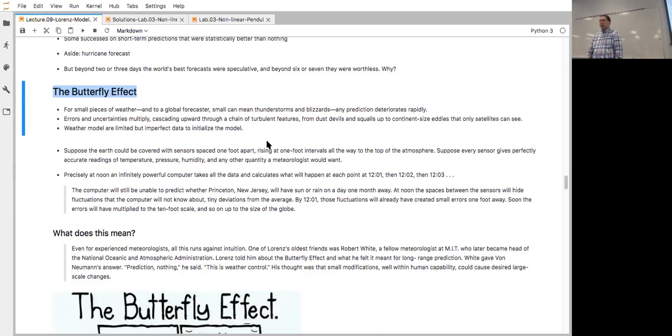Lorenz told him about the butterfly effect and what he felt it meant for long-range prediction. White, his friend, gave von Neumann's answer. Prediction? Nah, this is weather control. This is what we're going to do with this. His thought was that small modifications, well within the capability of humans, would cause the desired large-scale effect.